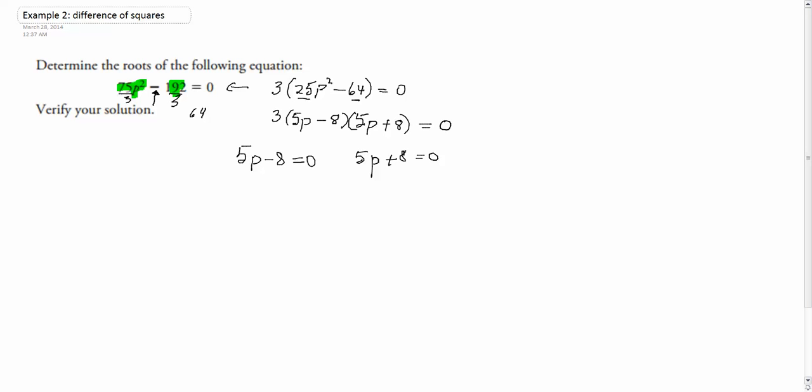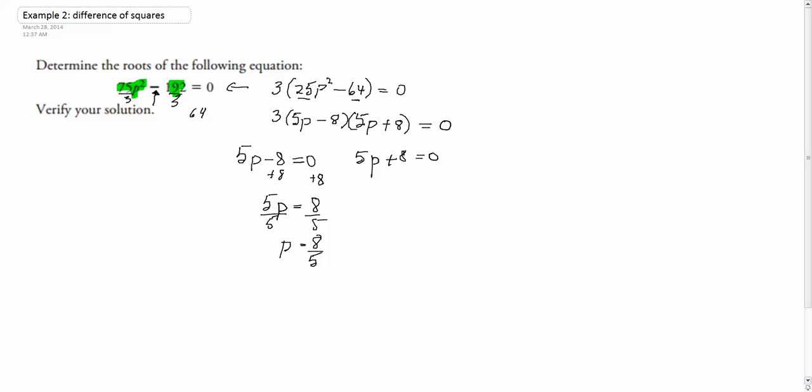So this isn't as straightforward as the other binomials that we have set equal to 0. So let's make sure that we add 8 to both sides. We have 5p is equal to positive 8. Then we divide both sides by 5 to isolate p, and we get p is equal to 8 over 5.